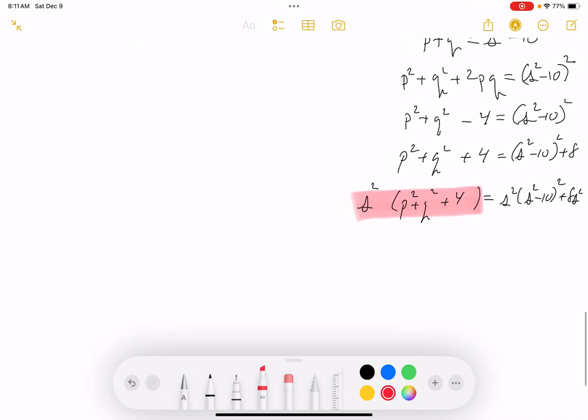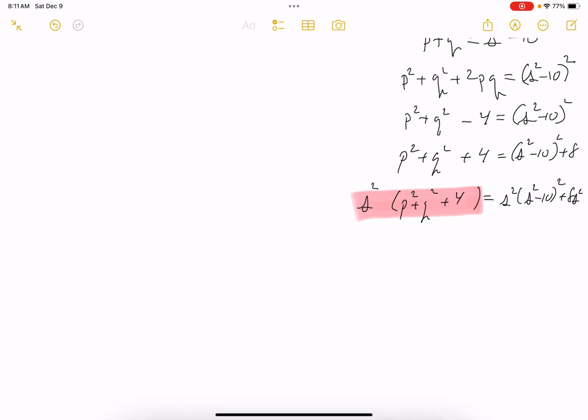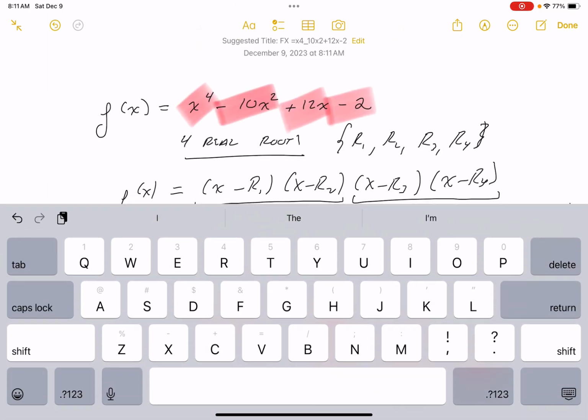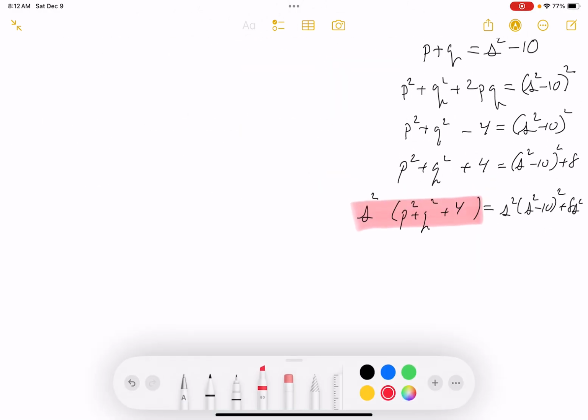All right? So let's write that down. It's 144, isn't it? Let me get my pen out. Sorry about that. I just screwed up a little bit. This is 144 equals s squared minus 10 squared plus 8s squared.